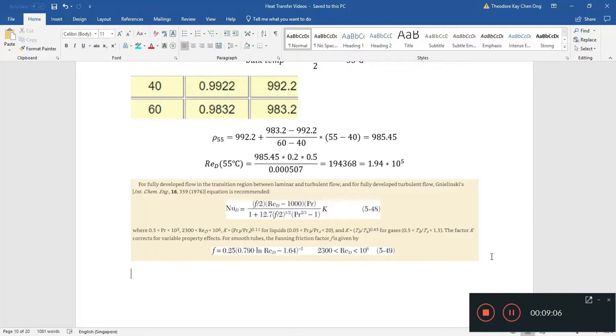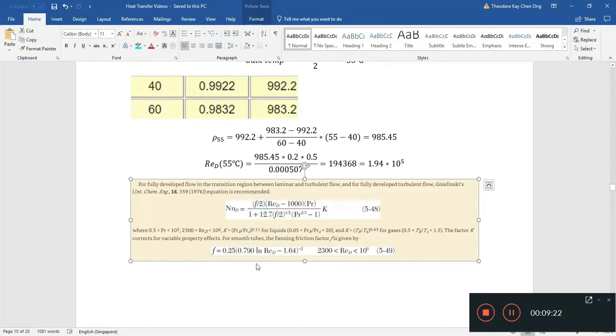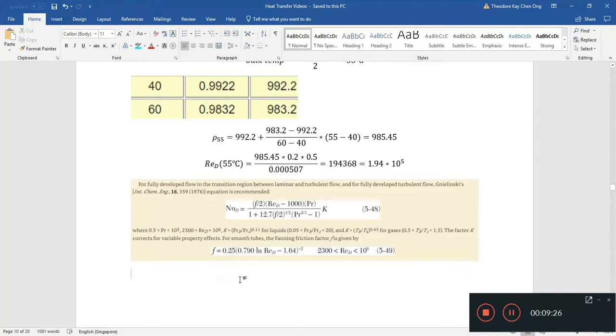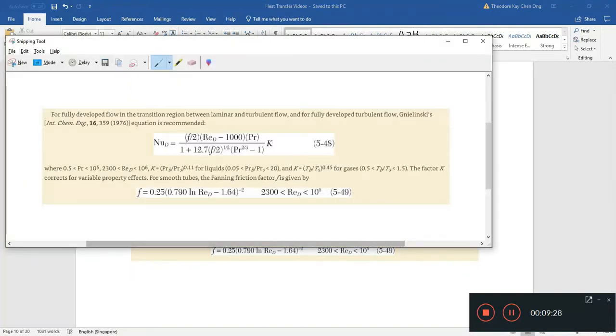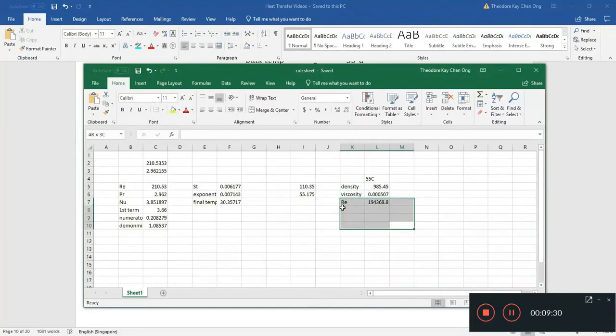That's the correct Reynolds number, so it fits within this turbulent flow profile really nicely. First we need to calculate F, the Fanning friction factor. So I'll just delete these.